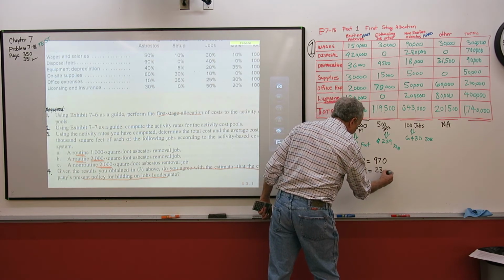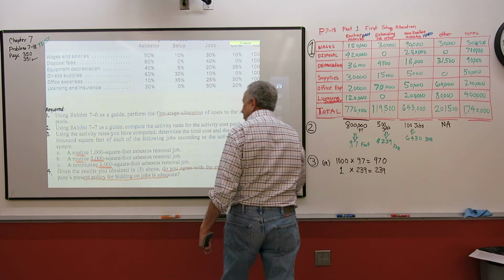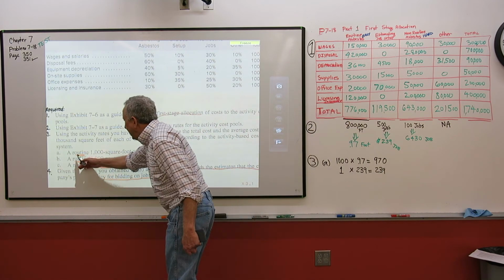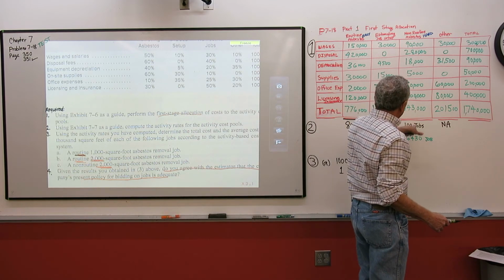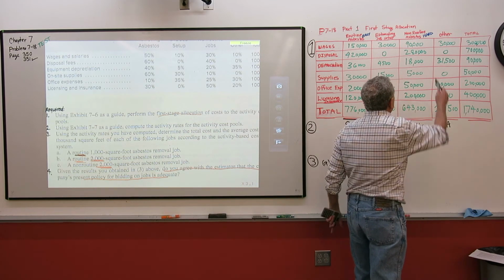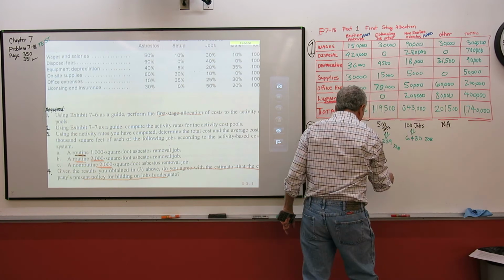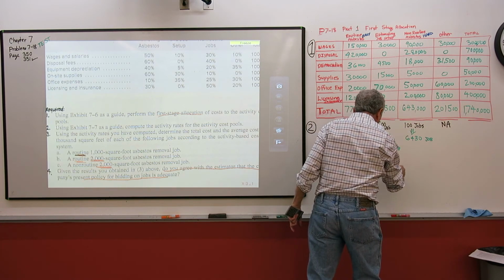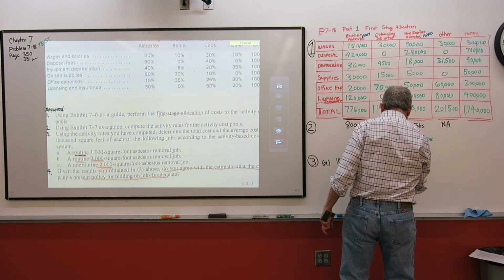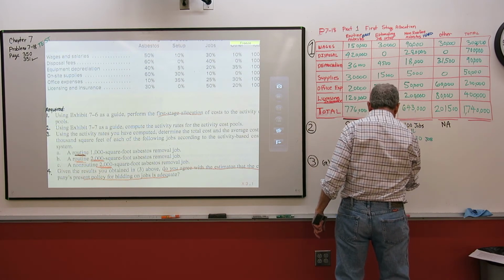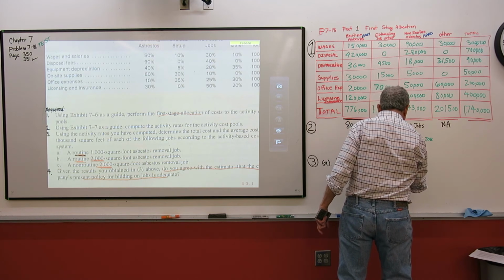It says that it's routine, so this is not a hard one, so we don't have to put in any of the non-routine cost. Now we know these two together cost $1,209.